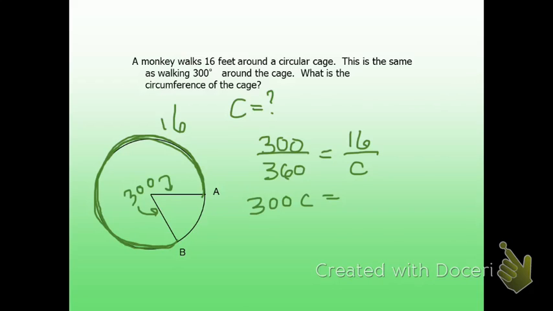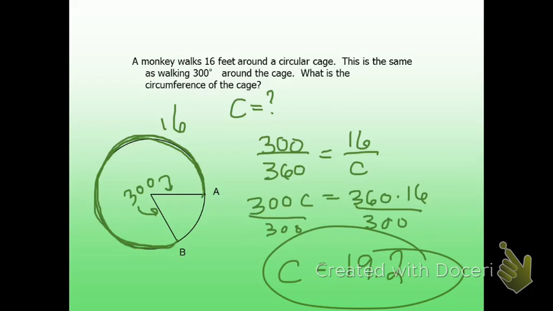So 300 times C equals 360 times 16, and then divide both sides by 300. Then we get the circumference equals 360 times 16 divided by 300. If you type that in a calculator, you get 19.2.